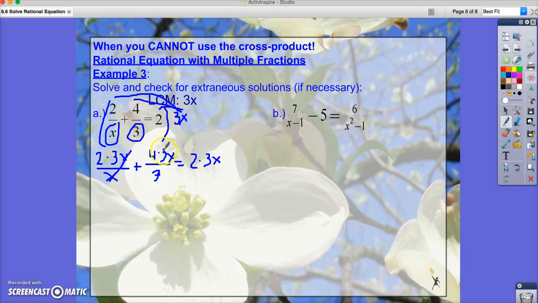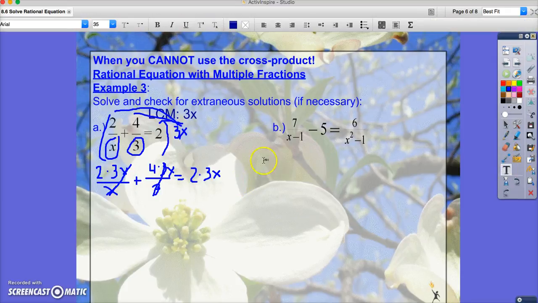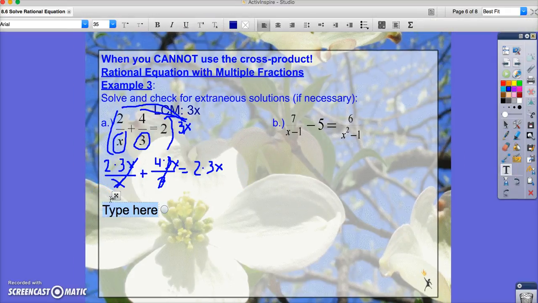The x's cancel out, the 3's cancel out. Let's see what I'm left with. The whole point of multiplying by the exact LCM is that I get my little fractions to cancel out. So then I get 2 times 3 is 6, plus I'm left with 4x equals 2 times 3x is 6x.